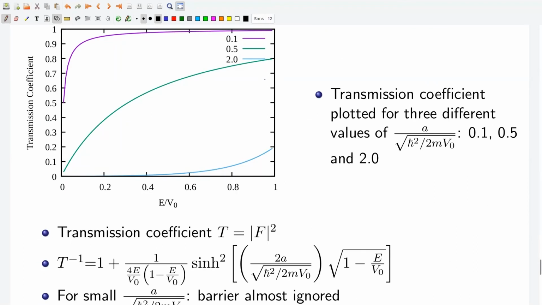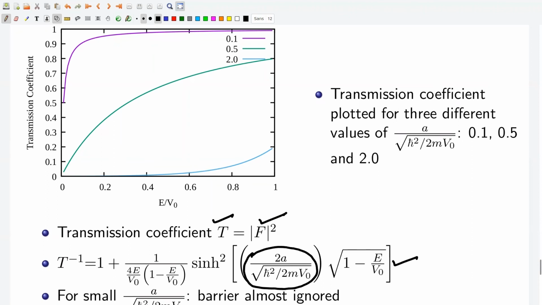Using the conditions for continuity of the wave functions and their first derivatives, we get 4 equations, and solving those 4 equations, we can get mod F square, which is equal to the transmission coefficient. And the inverse of the transmission coefficient can be represented in this form. Now we are going to plot T using different values of this parameter.